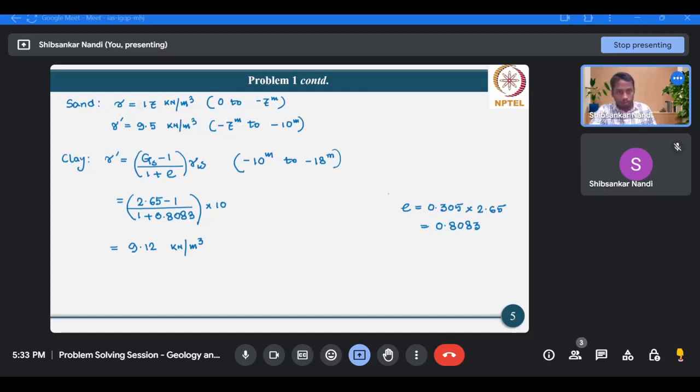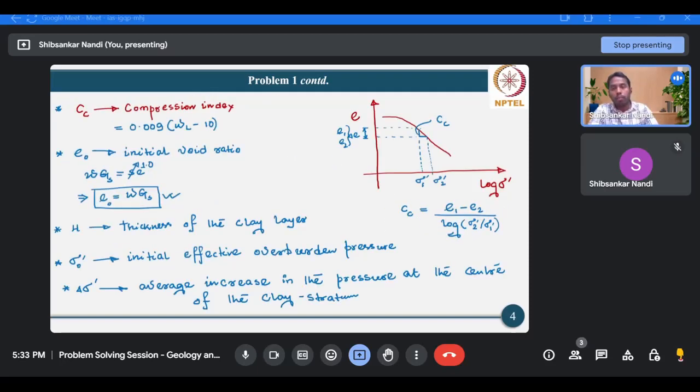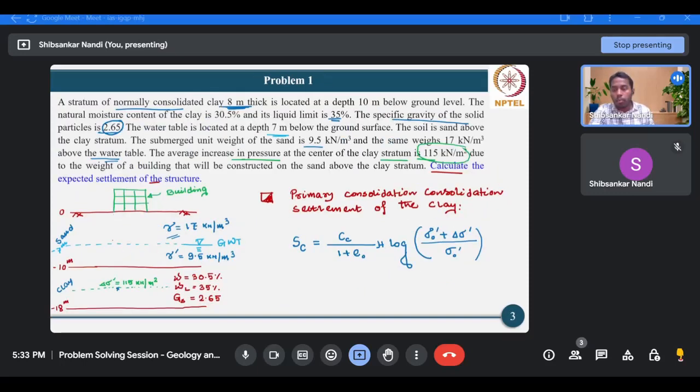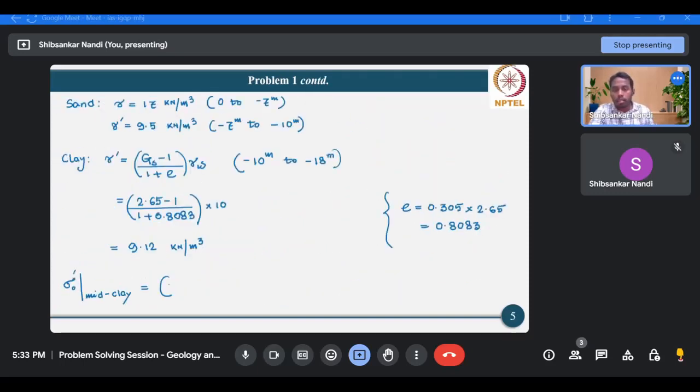Now we'll be calculating the effective overburden pressure at the center of the clay, at the mid depth of the clay strata. So sigma 0 prime at mid of clay will be, first, the 7 meter portion multiplied by 17, so 17 multiplied by 7, plus the remaining 3 multiplied by 9.5.